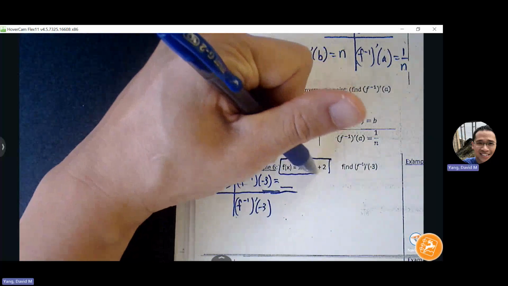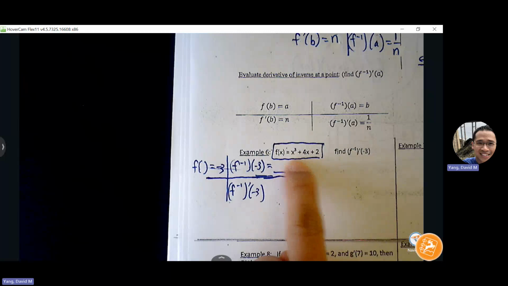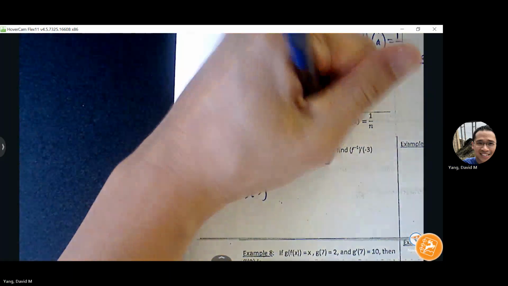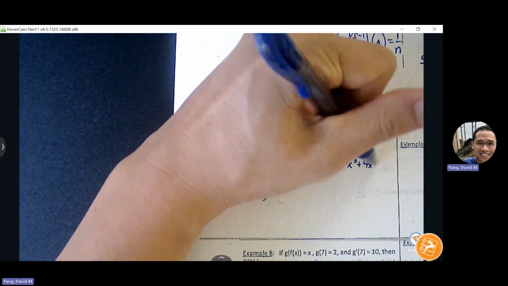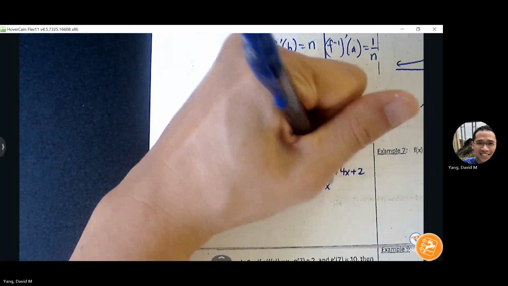I'm going to use this to help me move forward. Where can I plug this -3 into this function? That's my y value. So I'll set -3 equal to x cubed plus 4x plus 2. Let me bring everything over to one side, get 0 to show up.